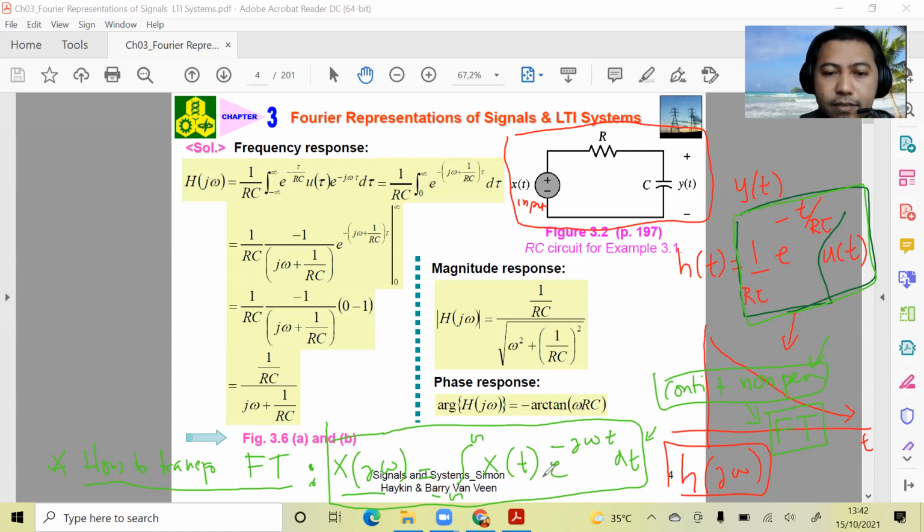So in this case, I will make a focus here. This is the basic formula, and for this component, this is the h(t), right?